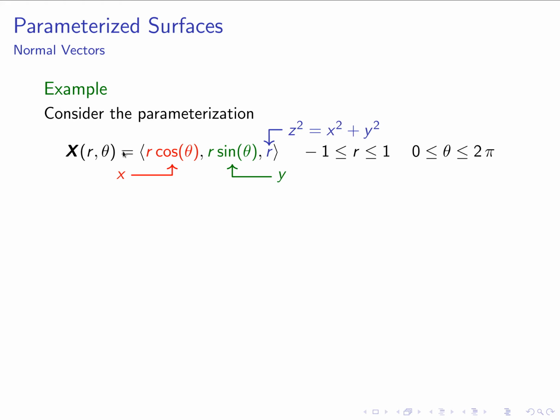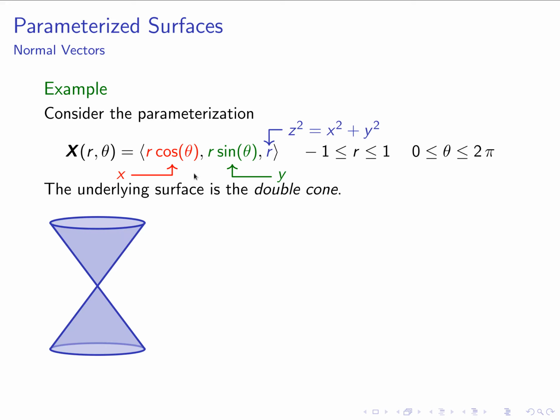So what we're doing is we're invoking the idea of cylindrical coordinates to define, in this instance, a cone. So the underlying surface of this parameterization is a double cone because we're studying the equation z squared equals x squared plus y squared with this particular parameterization. So the surface that we're studying looks like the double cone.